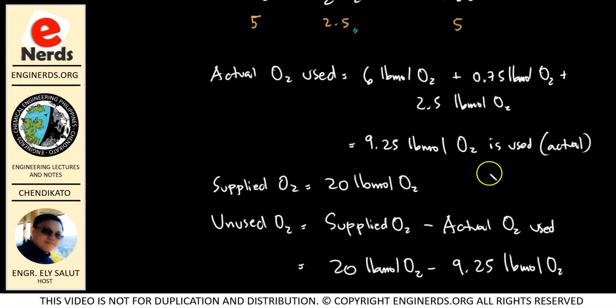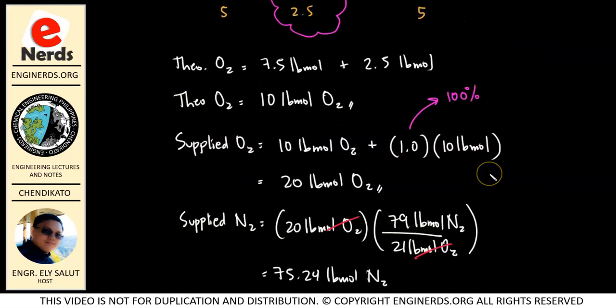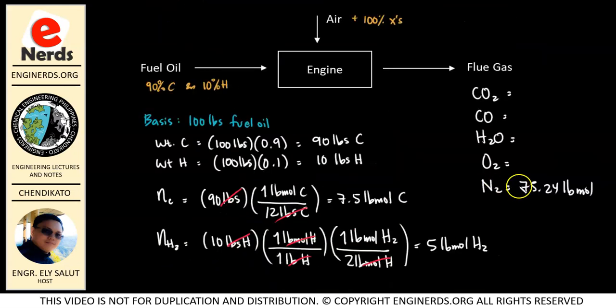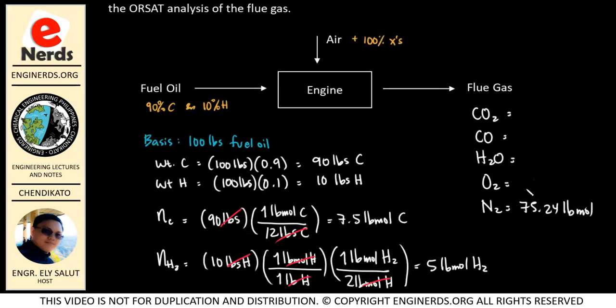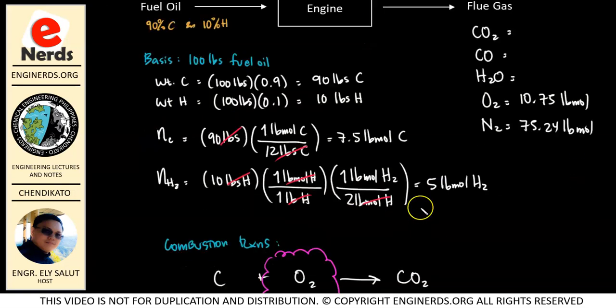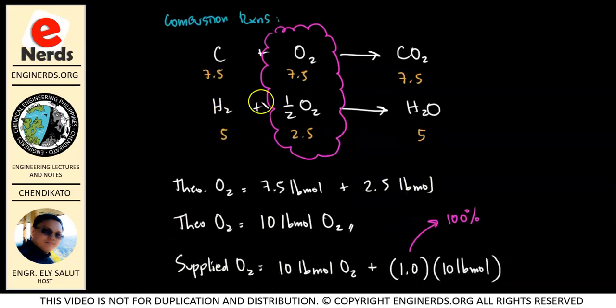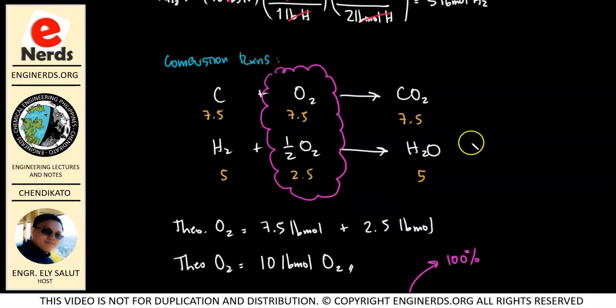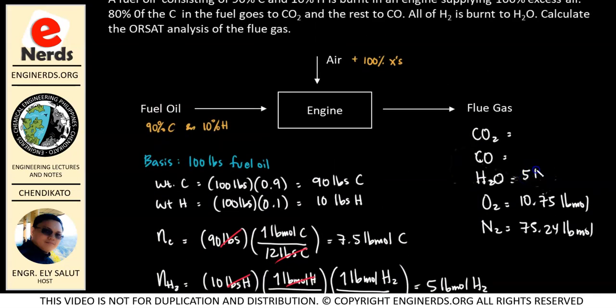Okay, so i-post natin yan dito sa ating flue gas para hindi na tayo mahirapan. Our O2 here is 10.75 because this is unused. Our water, katulad din ito because all our H2 is converted to water, so we have 5 pound mole of water.